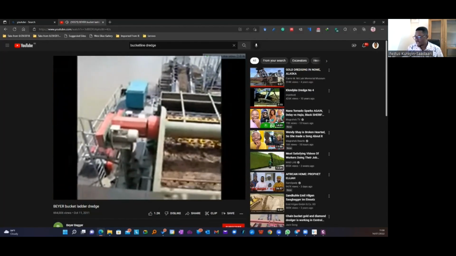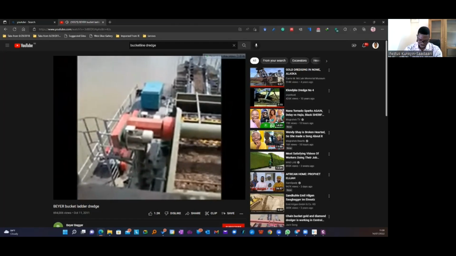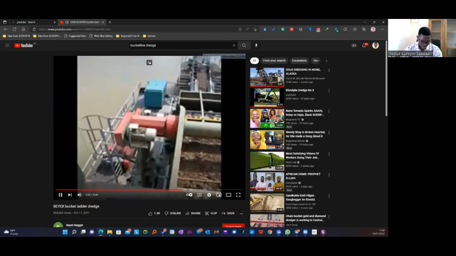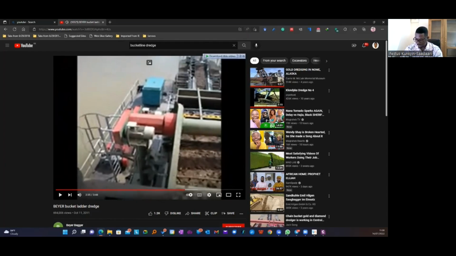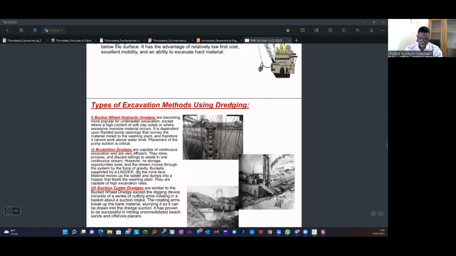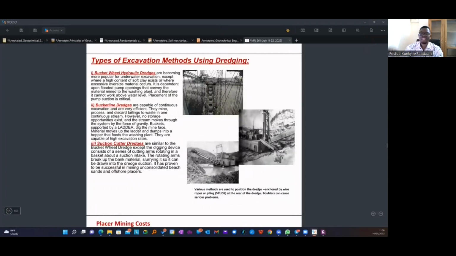So that is enough for the demonstration of how they work. There are a number of them. The suction cutter cuts the material underground, which I think we saw yesterday.